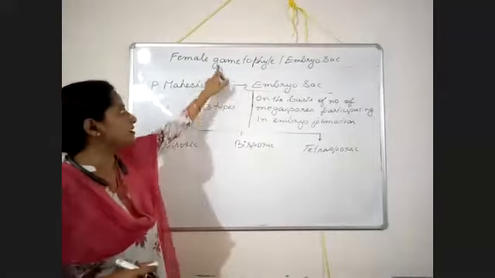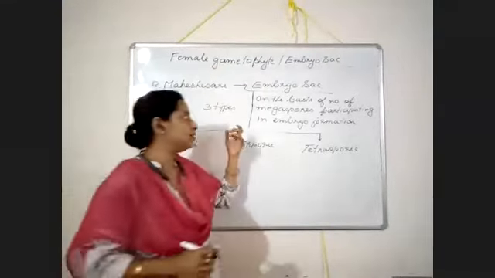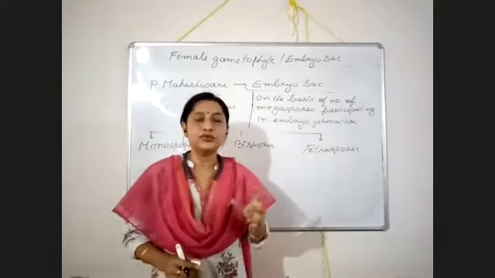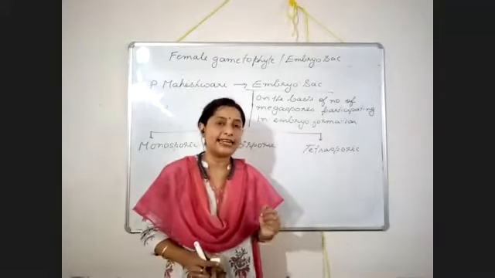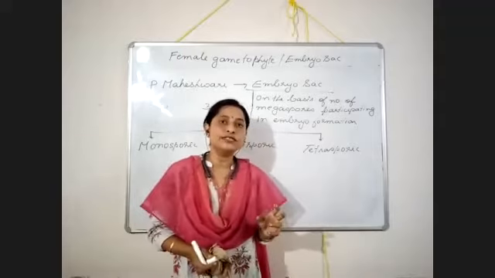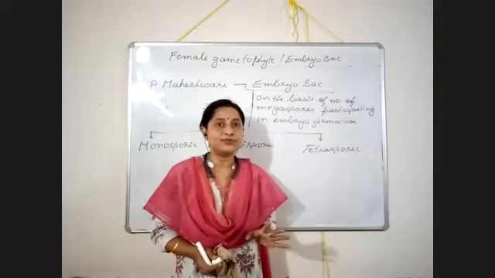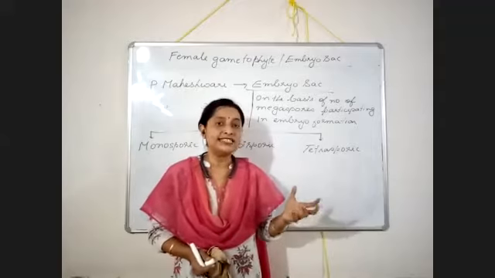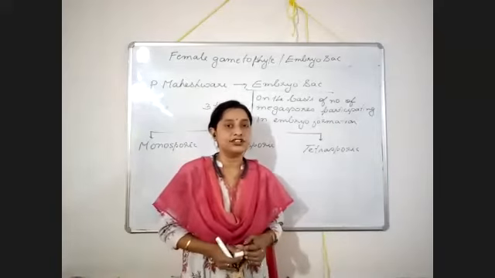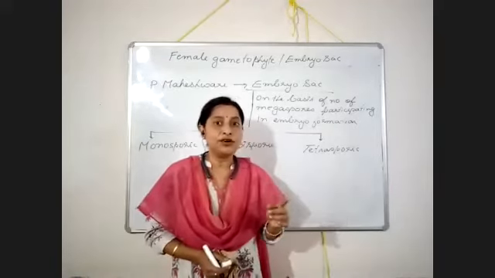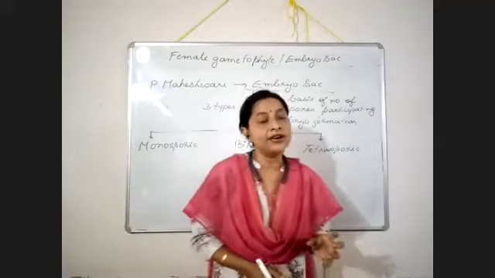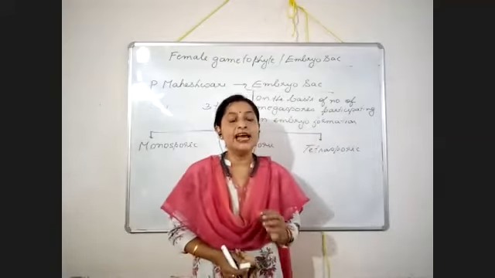Embryo sac is also called the female gametophyte. According to Maheshwari, for embryo sac formation, and I think we remember from last class, 1 MMC will always produce how many megaspores? It is 4 megaspores. And we have learned that out of the 4 megaspores, 3 degenerate and one remains functional.